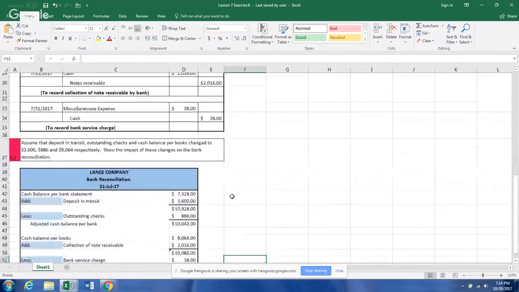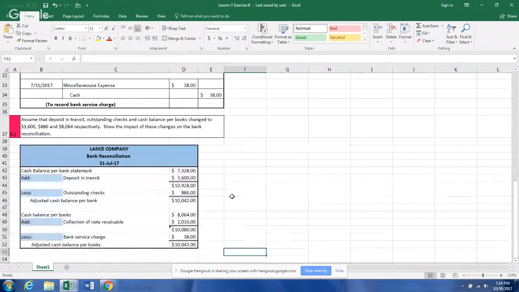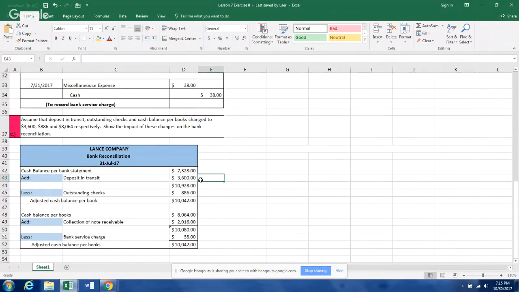Then it tells us to assume that the deposit in transit, the outstanding checks, and the cash balances were a different amount. So it changed our deposits in transit to $3,600, our outstanding checks to $886, and our cash balance per books to $8,064.